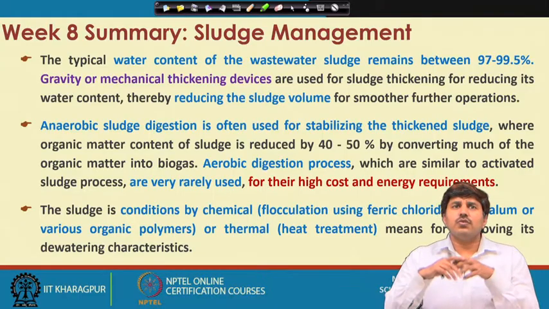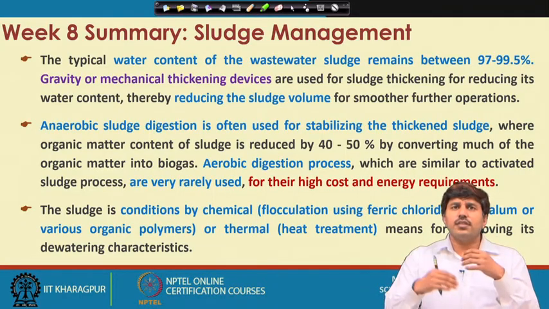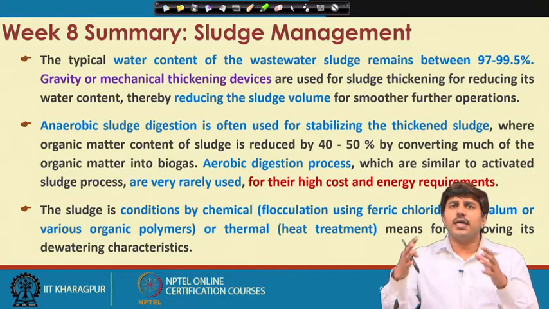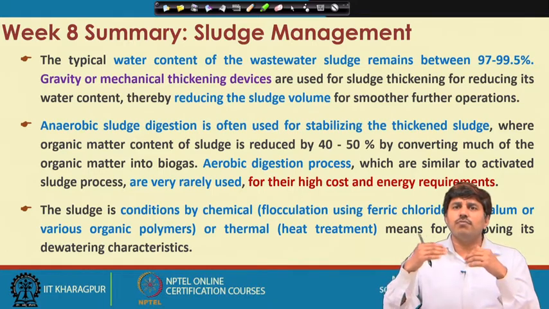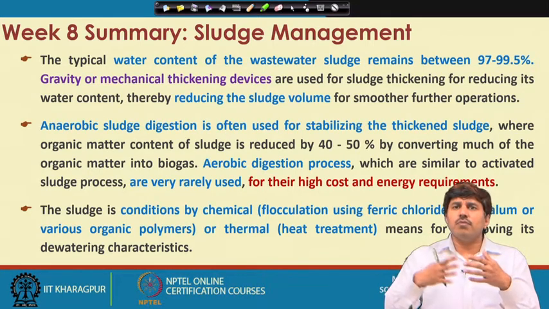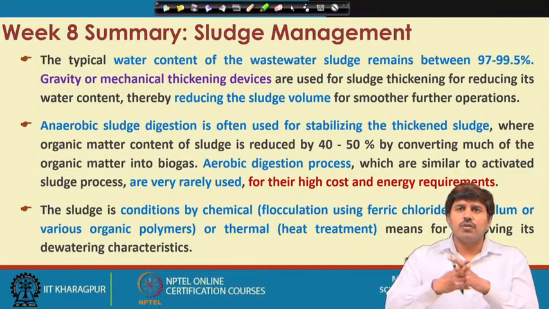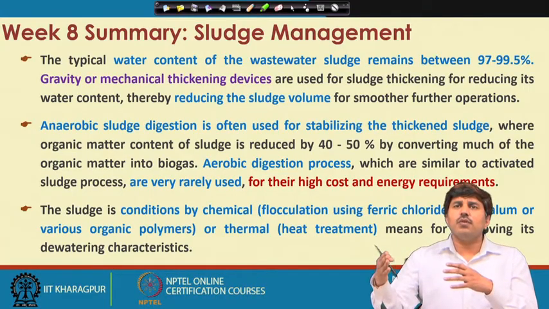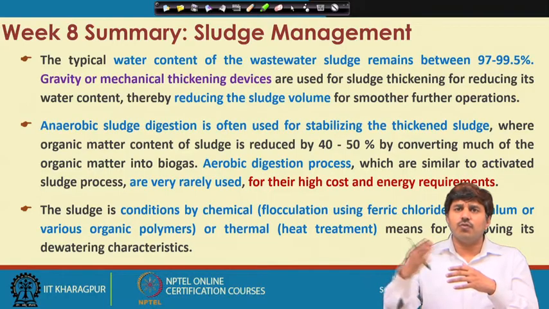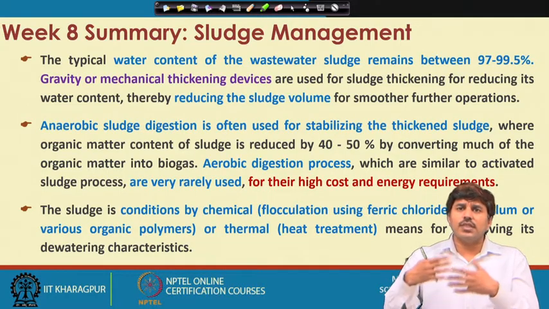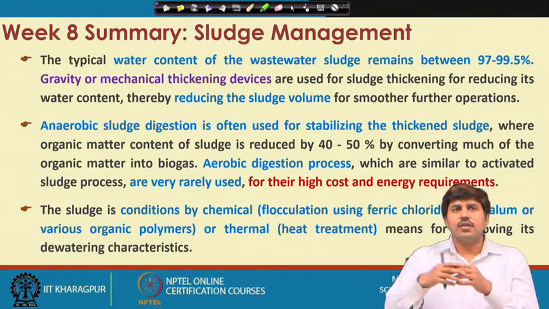Here the water content of the sludge is reduced, and that is how we are able to reduce the sludge volume. We can reduce sludge volume by around 90% also. If we are, let us say, just changing the solid content from 1% to 4%, we are actually getting a significant decrease in the volume even from this shift.